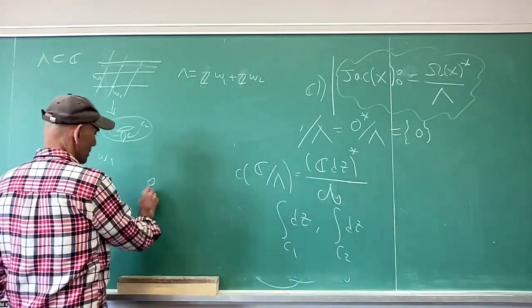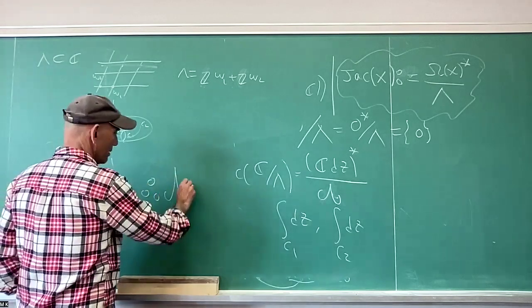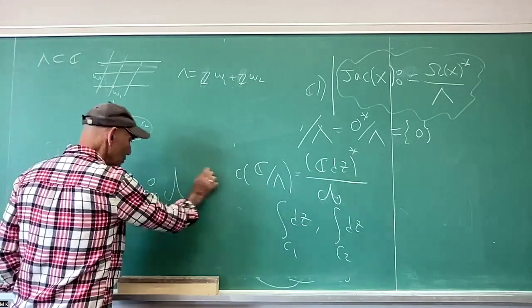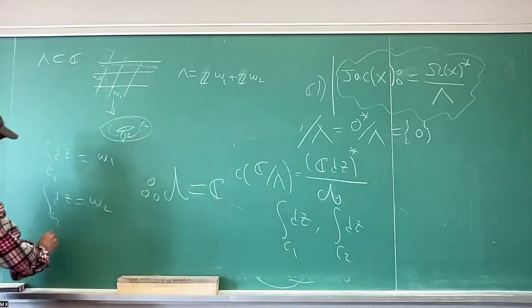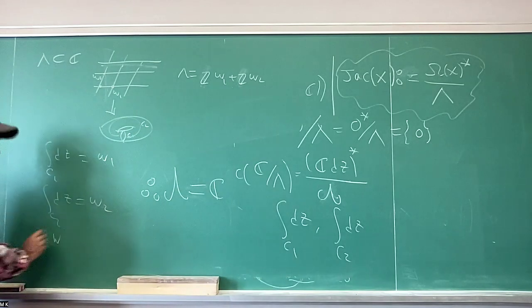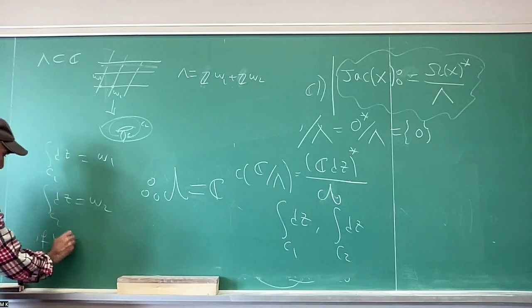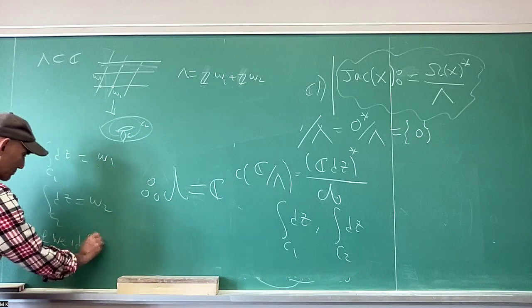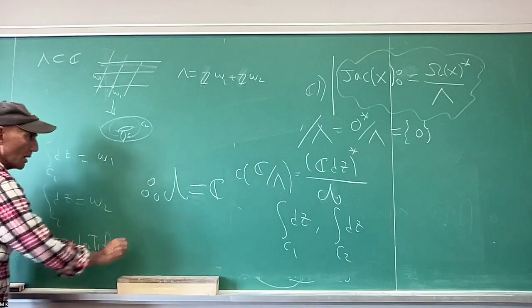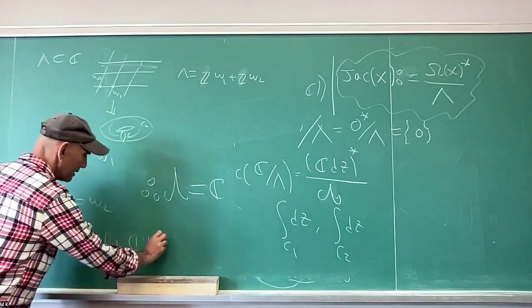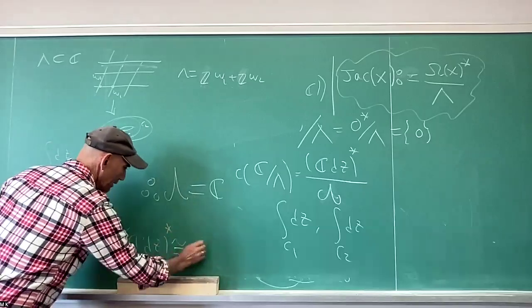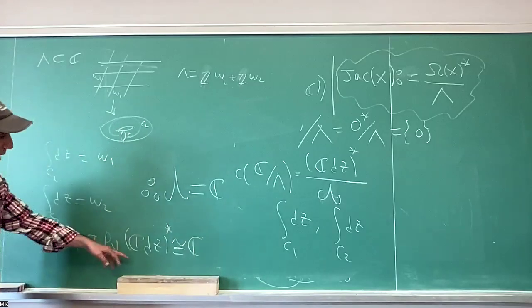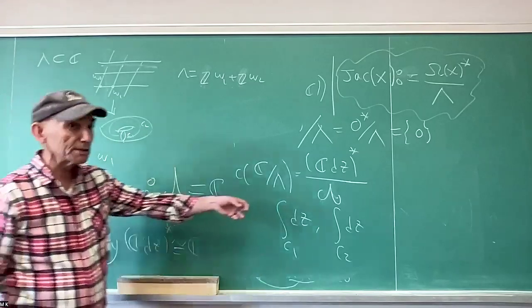And if you identify C star with C, there's a canonical identification because there's a canonical basis in this space.